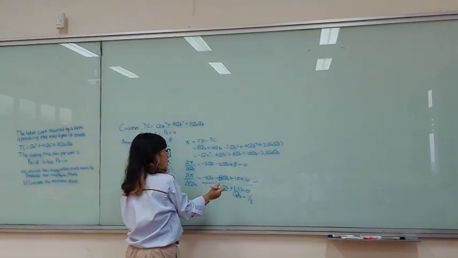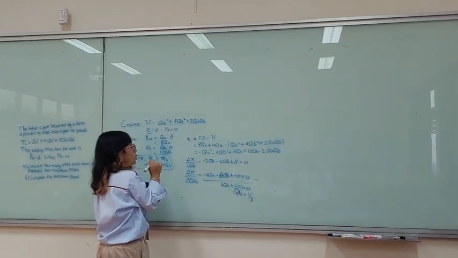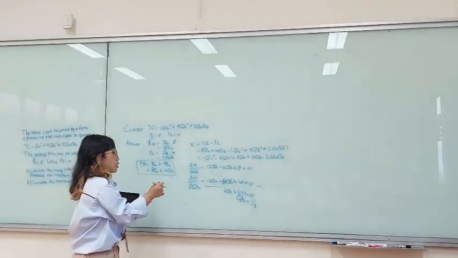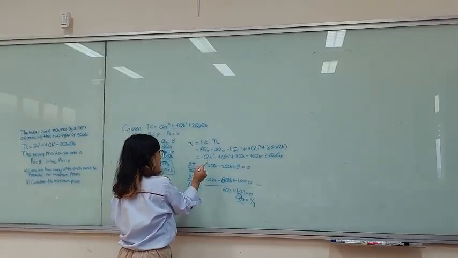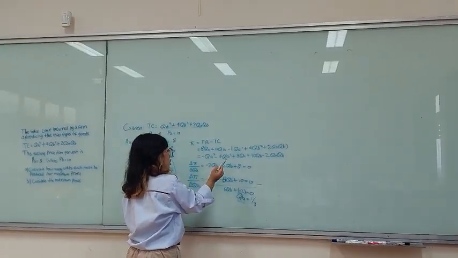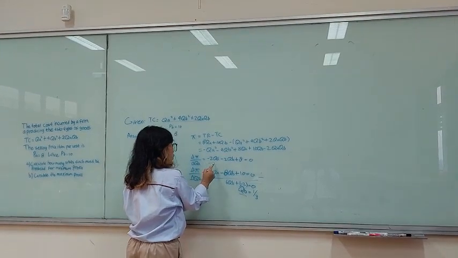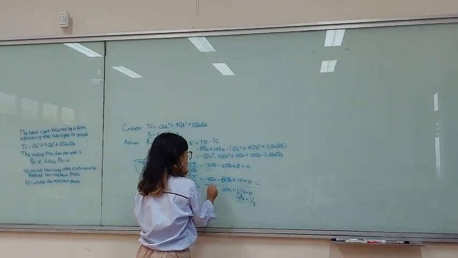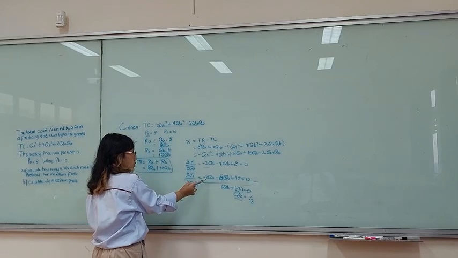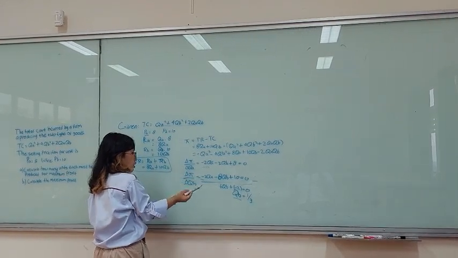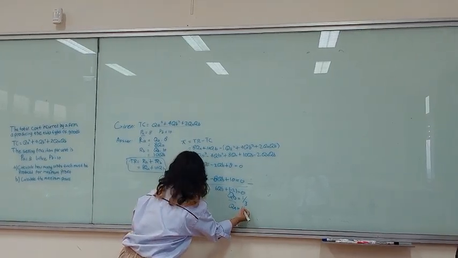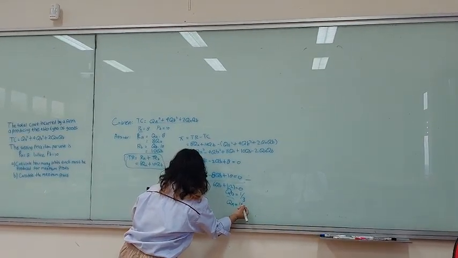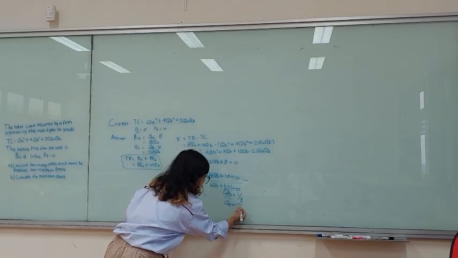And to find QA, we must substitute QB into this equation, or the equation for QB or QA. So the QA is 11 per 3.